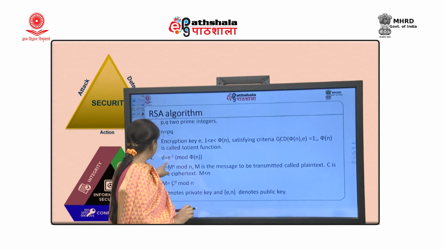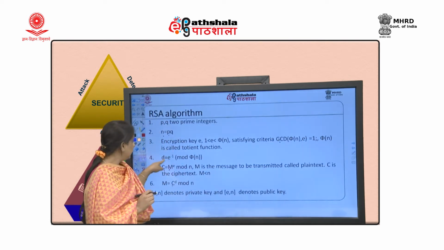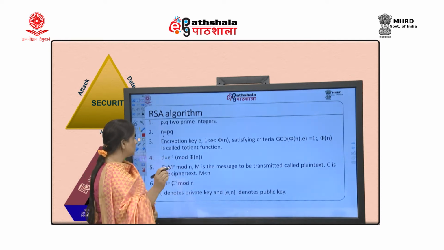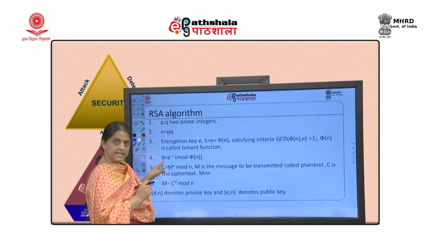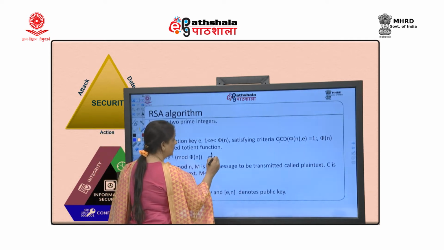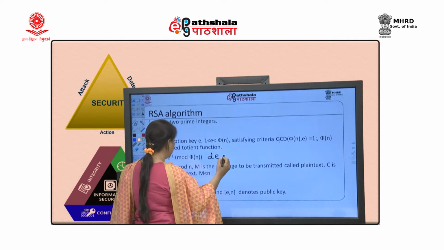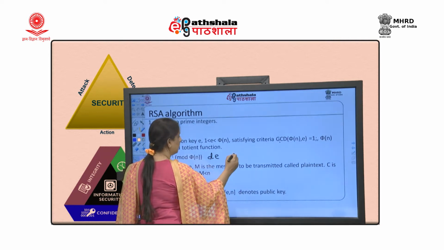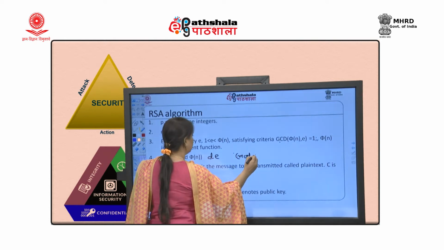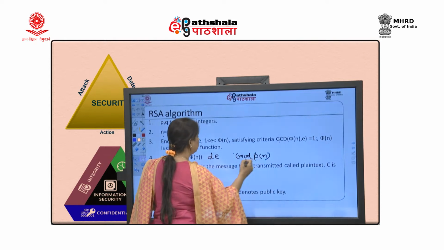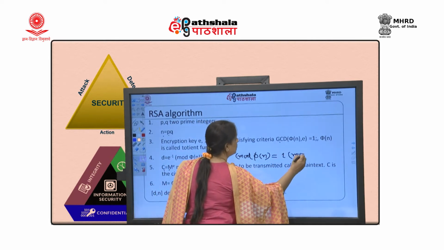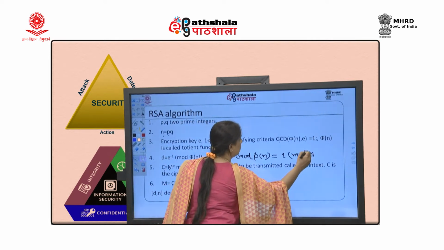Now, to put my point here, it says D is equal to E inverse mod phi(n). So, if D is the inverse of E, as I have taught you in the last module, if their product modulo is taken, they would result in 1 because they are inverses of each other.